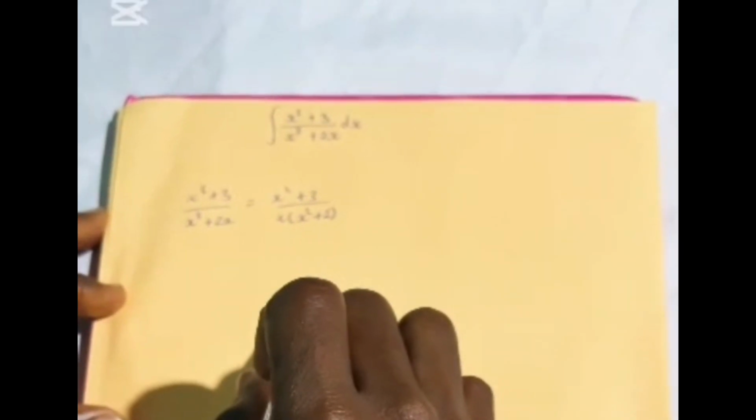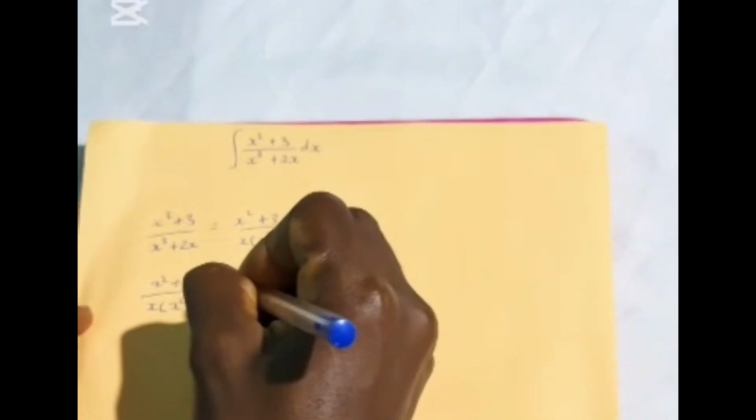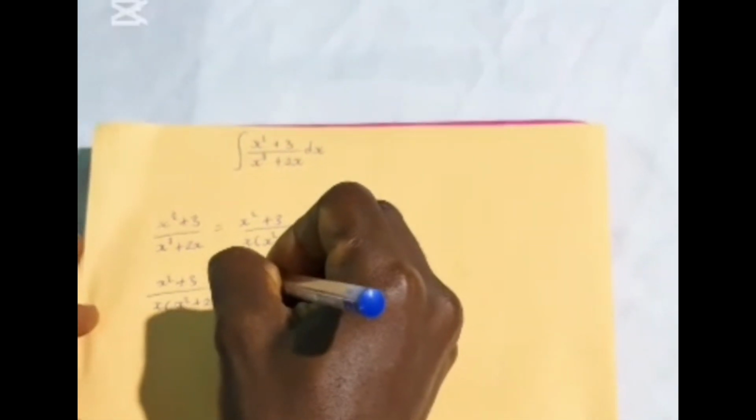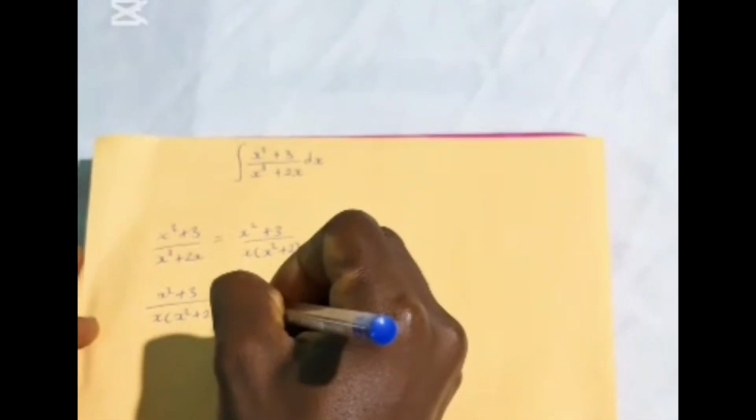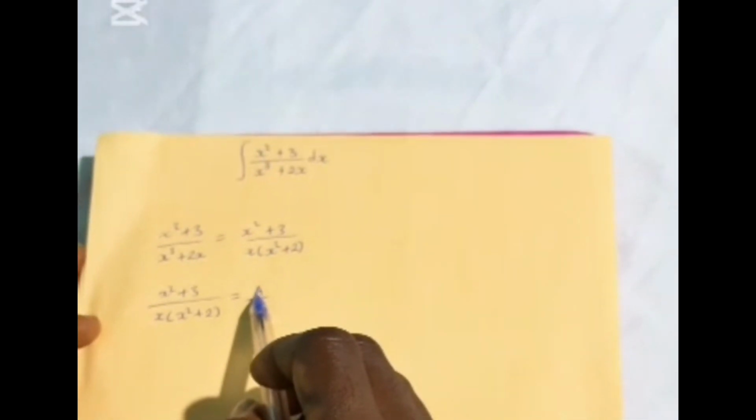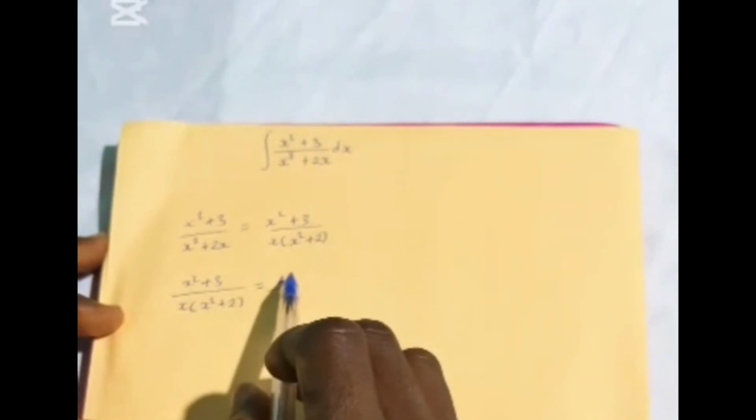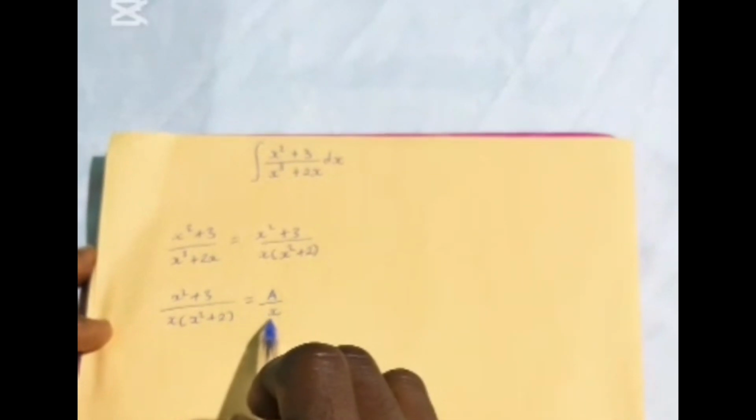So therefore we are going to be expressing this fraction as x squared plus 3 divided by x times (x squared plus 2) equals A divided by x. Now A here is a constant. The reason is because the degree of the numerator has to be 1 less than that of the denominator.